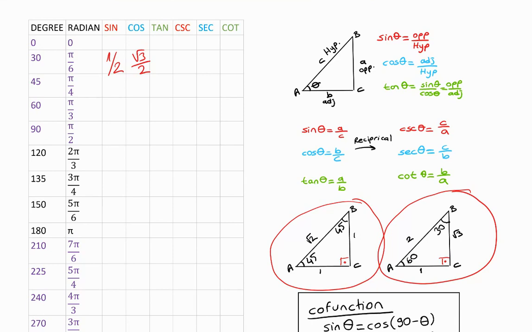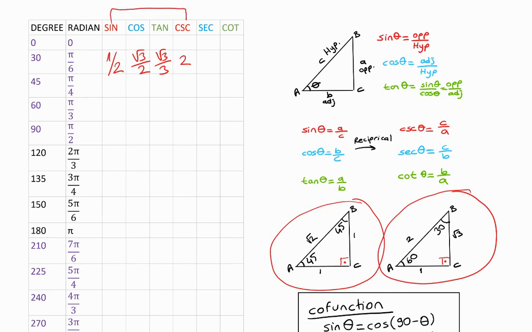And the tangent is dividing sine over cosine. I will get 1 over square root of 3, which is square root of 3 over 3. And from the reciprocals, I will get 2 for cosecant, because they are reciprocal, right?